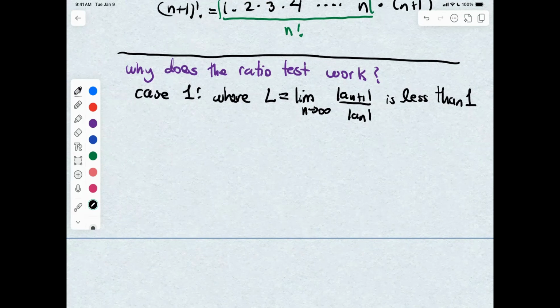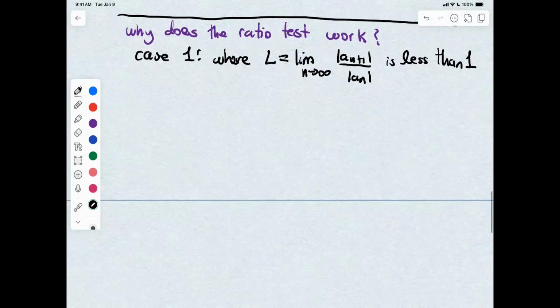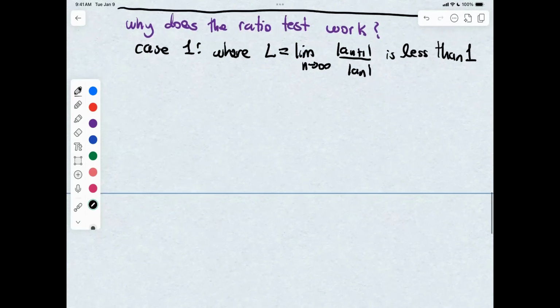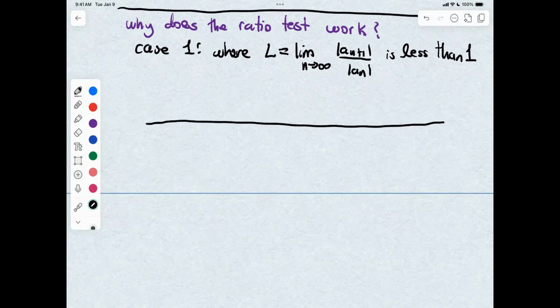So if the limit is less than one, here's a way to represent that visually. Let's imagine that you draw the number line. Here you have the number one, right? Here, let's put the limit in blue. Here you have the value of the limit, right?